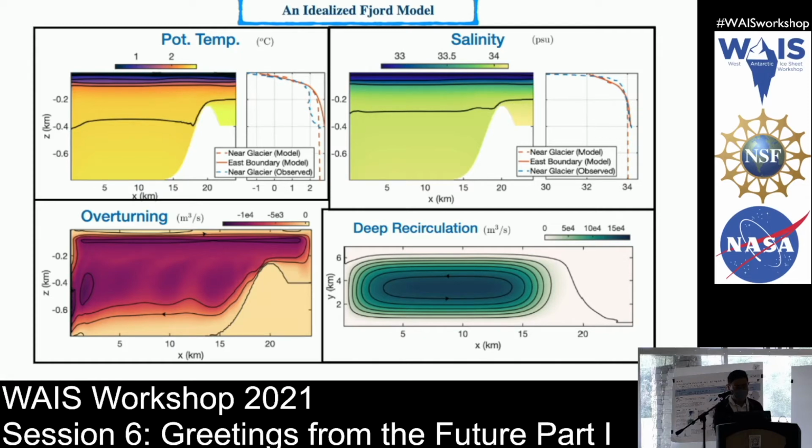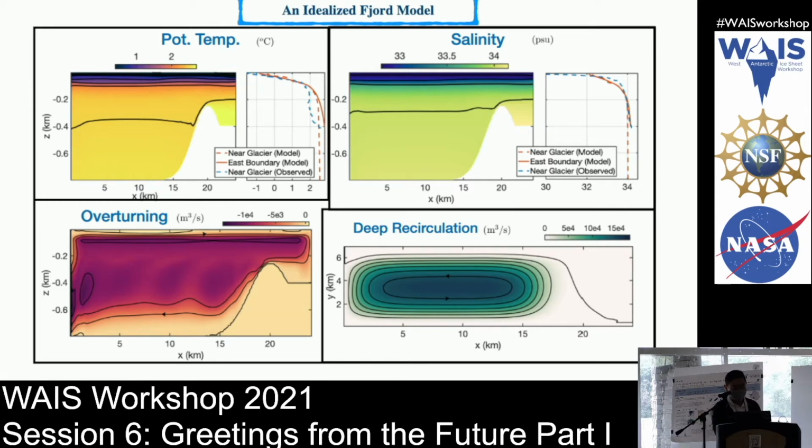And so it's a lot cooler, a lot fresher at depth. And the overturning circulation basically shows that you're driving this inflow towards the glacier at depth, and then closer to the surface, you're driving this outflow. So that's kind of an important consideration. Again, that's how the heat is brought in.